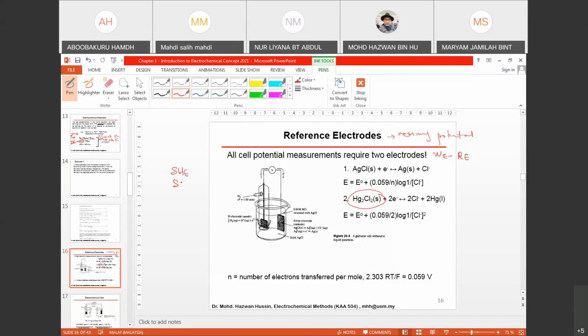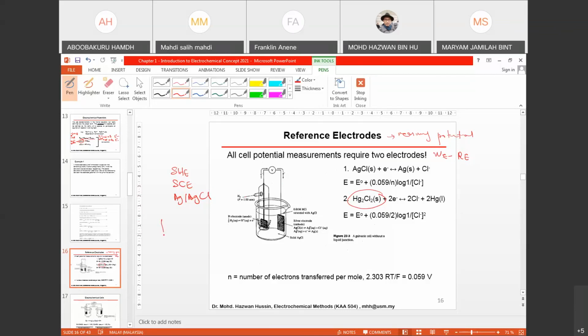We also have the saturated calomel electrode, and the silver chloride electrode. All these give different accuracy. But what makes saturated calomel special is that we are using mercurous chloride as one of the components.